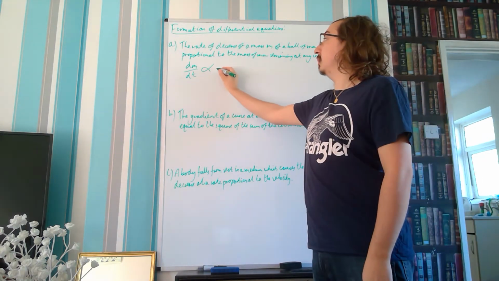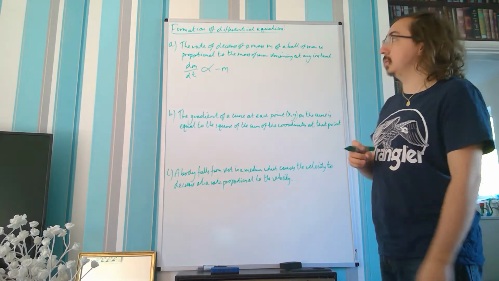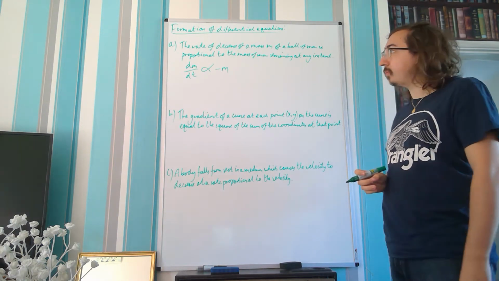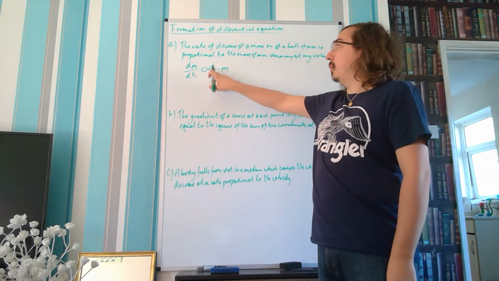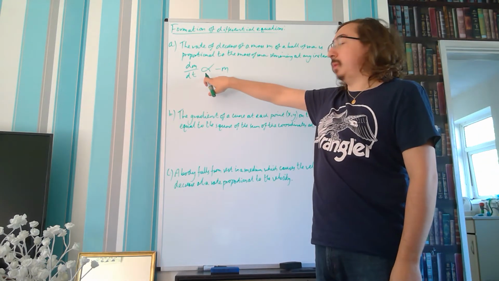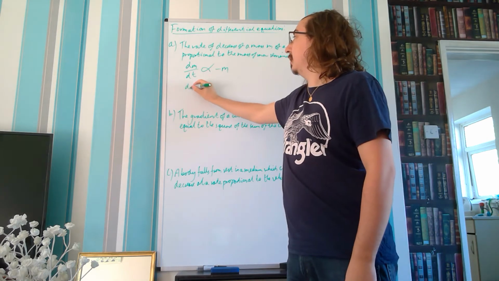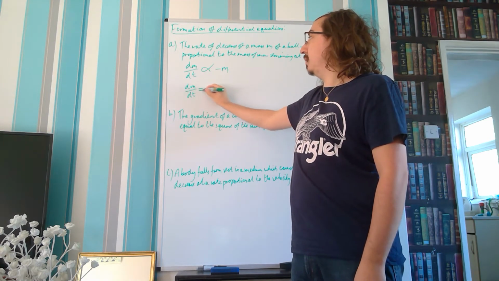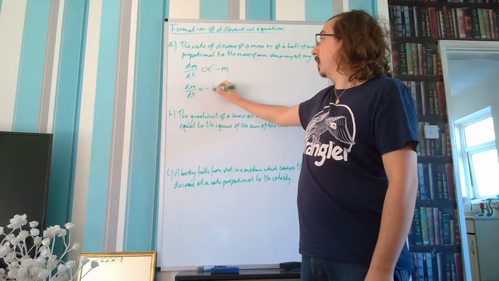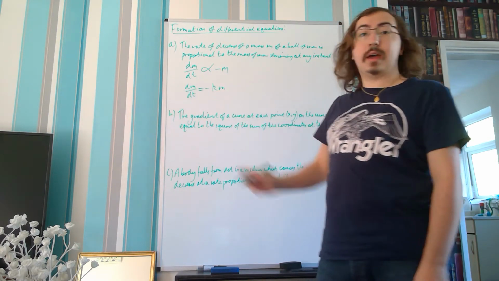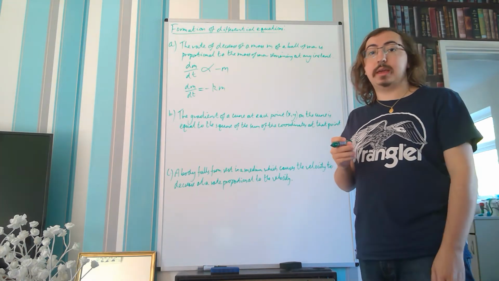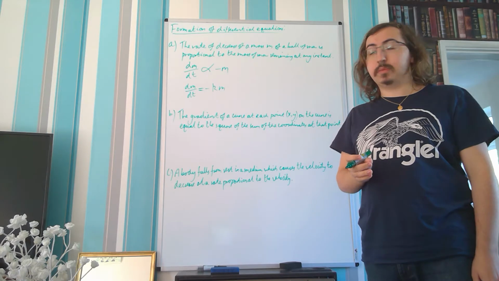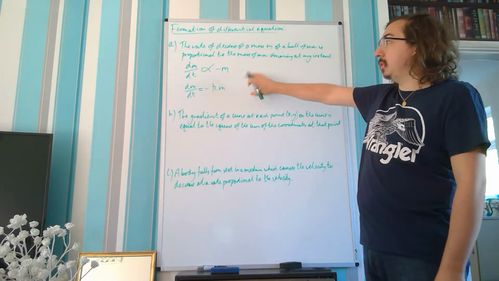So we can say it's proportional to the minus of the mass of snow. Now, we don't like the proportionality symbol, so we can get rid of that and make this into an equal symbol instead. All we have to do is add a constant k, where k is, in this case, a positive proportionality constant.